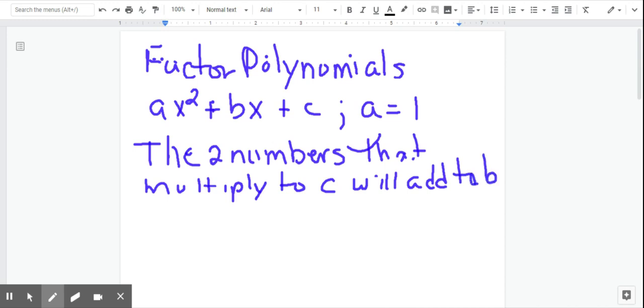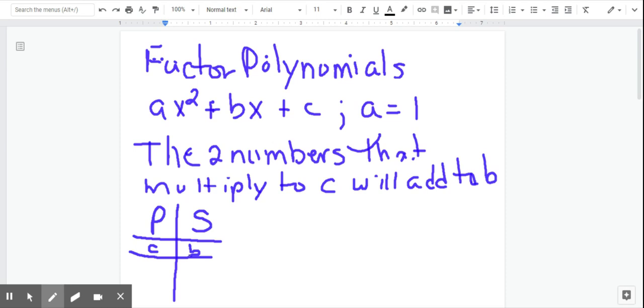B is the coefficient of x, and C is your constant. C stands for constant, easy to remember. So two numbers that multiply to C and add to B. So I use the product sum table. So here's a table, P for product, S for sum, okay? The product is the value of C, and the sum is the value of b.